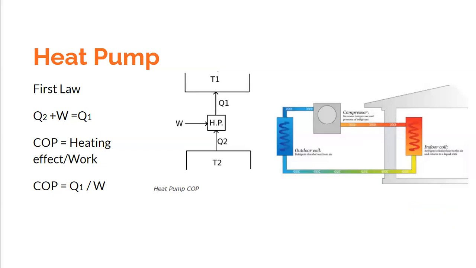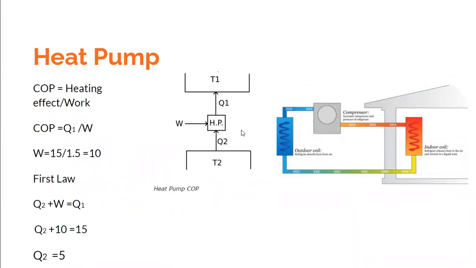Hopefully you have got the concepts right. So as seen, this is a schematic of the heat pump, and what the heat pump does is it pumps the heat from the surroundings and it heats the room. So applying the first law, Q2 plus W, that is the energy in is equal to energy out, Q2 plus W becomes Q1, and the coefficient of performance is heating effect upon work.